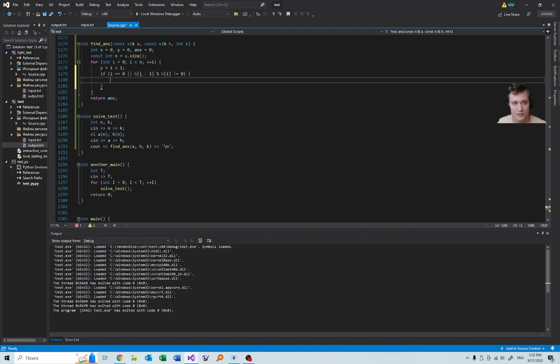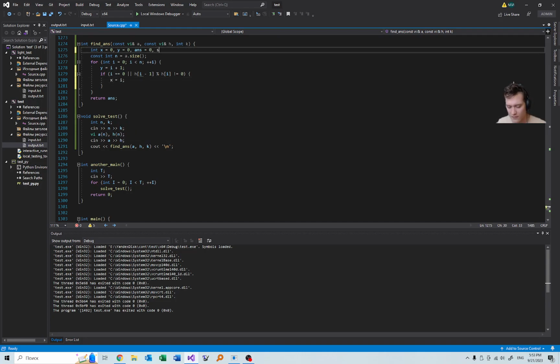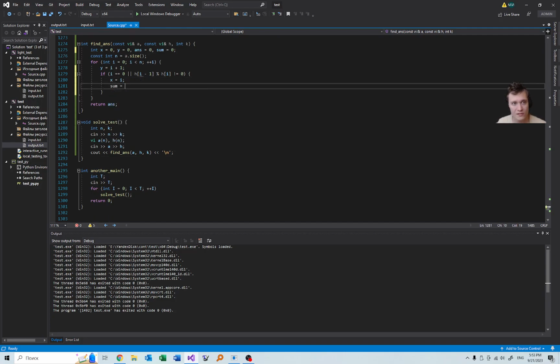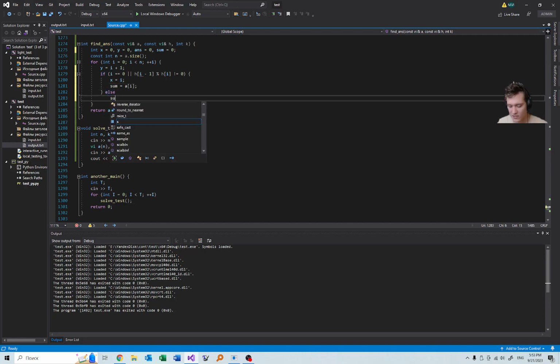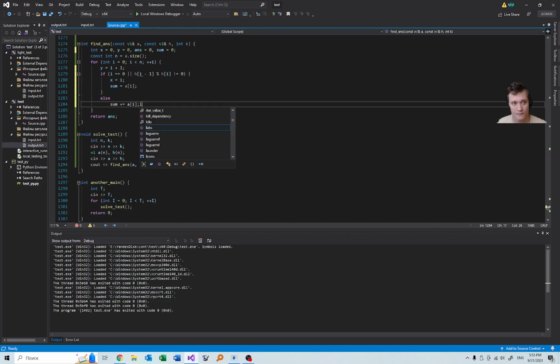And sadly, we have to say that x equals i. And also let's look at our sum of all numbers. So we say that x equals i and sum equals a[i]. Great. Otherwise, we just say that sum plus equals a[i].